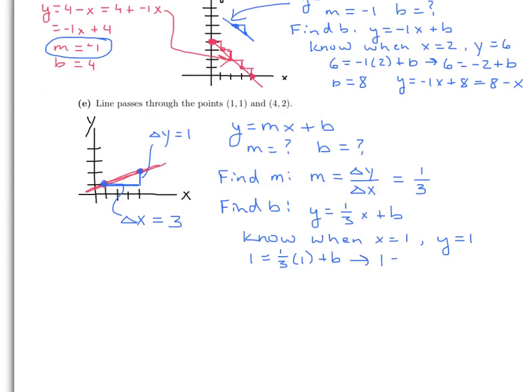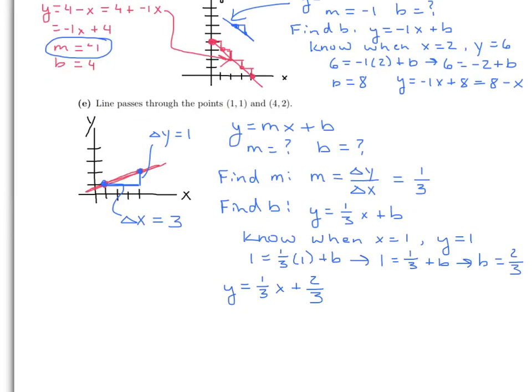Or rather, 1 is equal to 1/3 plus b. And from here you can see that b would have to be 2/3, because 1/3 plus 2/3 gives you 3/3, which is 1. So from here we can see that the equation of this line must be y equals 1/3 x plus 2/3. That's the equation for this line.